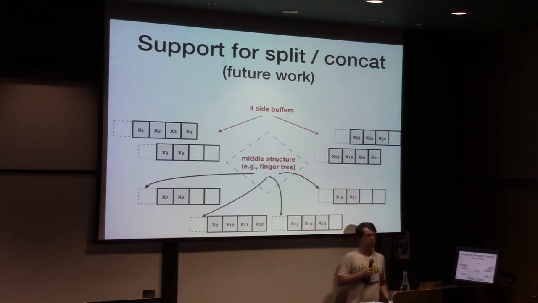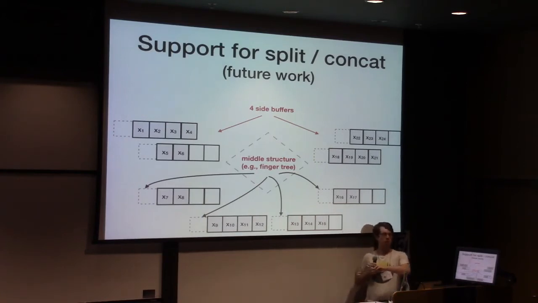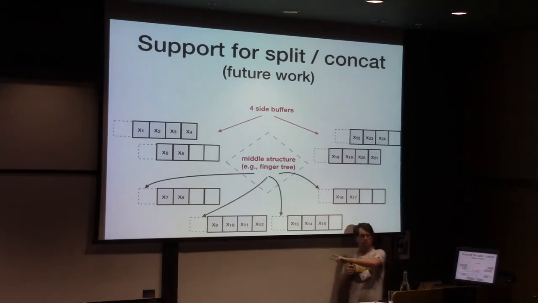We have a fairly simple technique where when you're concatenating, you have to be careful to preserve the invariant that for any two consecutive chunks, the number of items in those chunks combined adds up to at least the capacity of a single chunk.